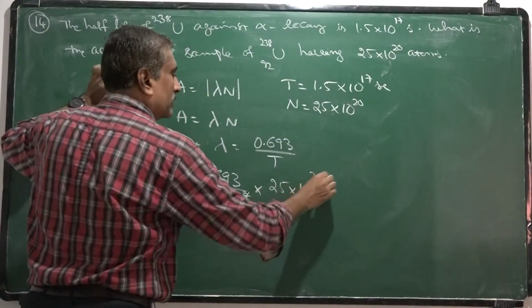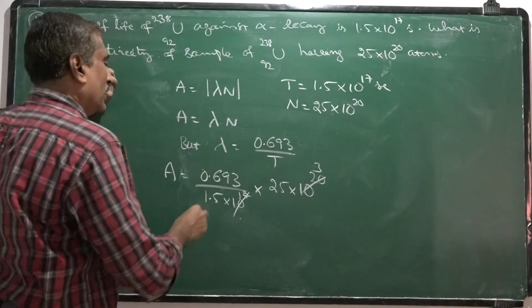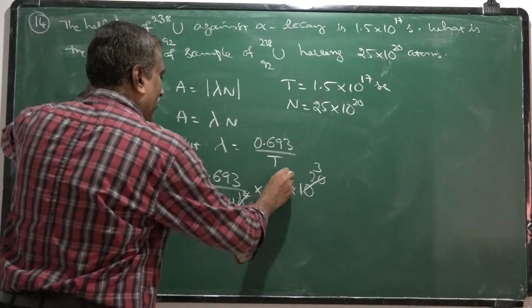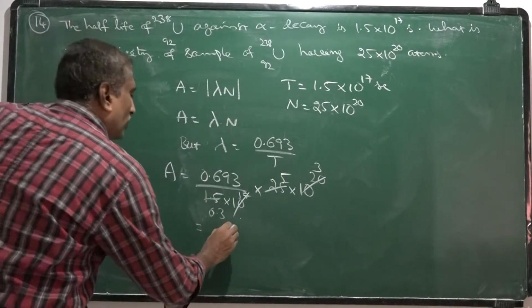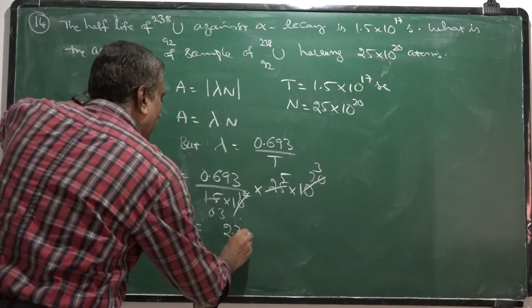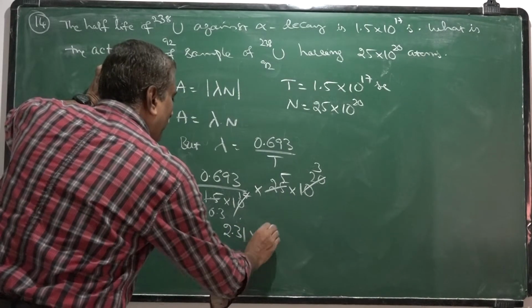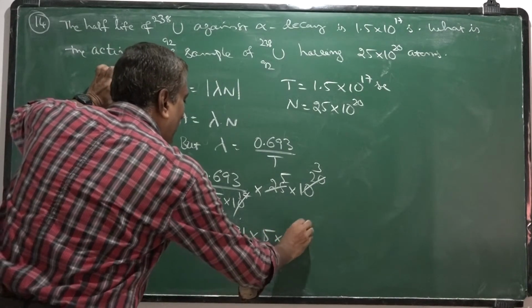So we calculate this as 2.31 × 10^-17 into 5 × 10^3.